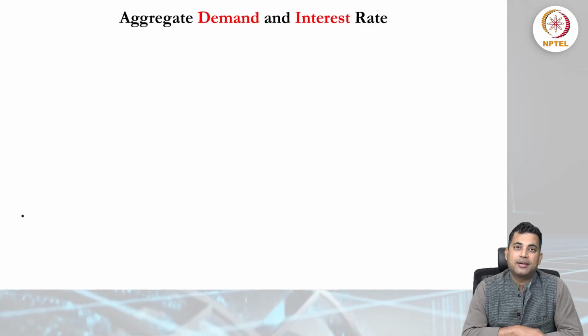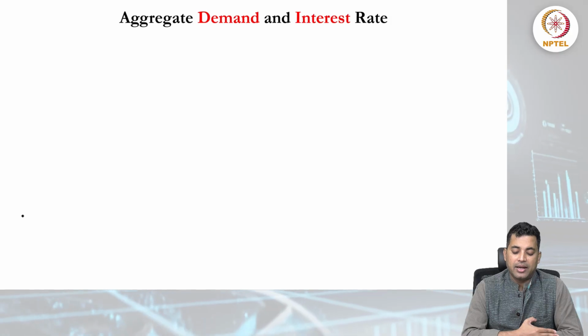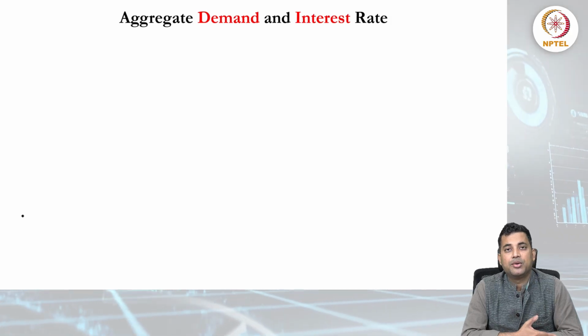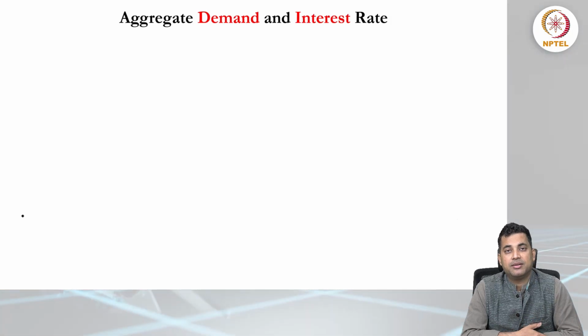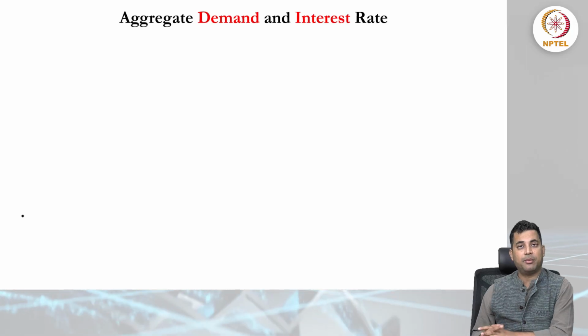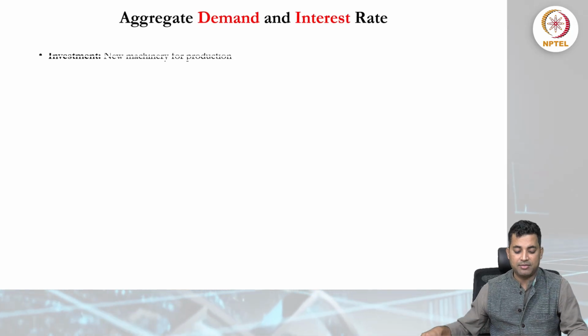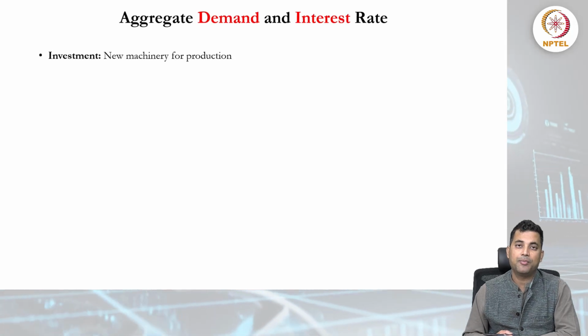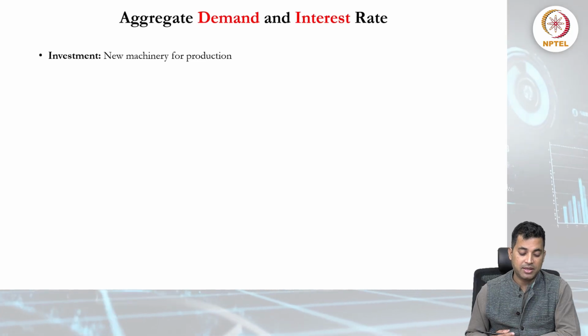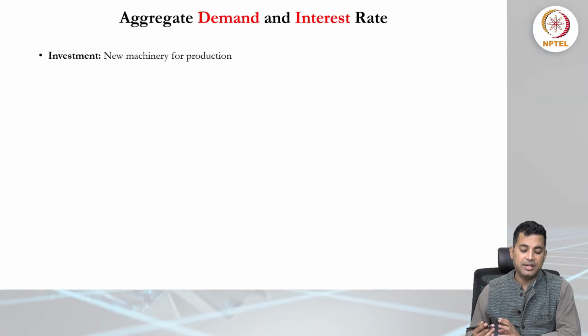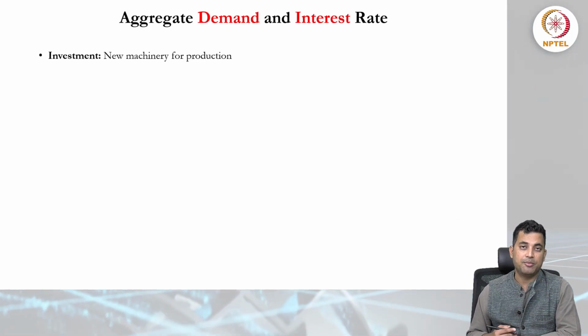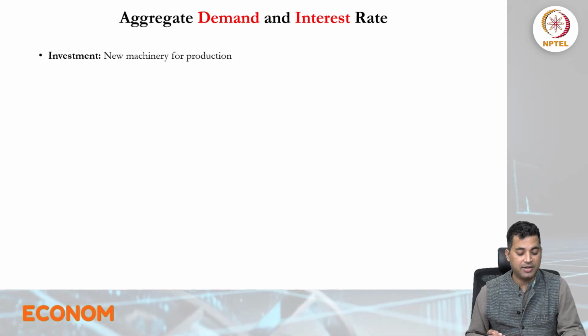Now let's try to understand aggregate demand and the rate of interest. What is the relationship between these two? So far, the way we have understood investment is through fixed planned investment. Investment is basically the new machinery for production, so in the production function, investment becomes very important.